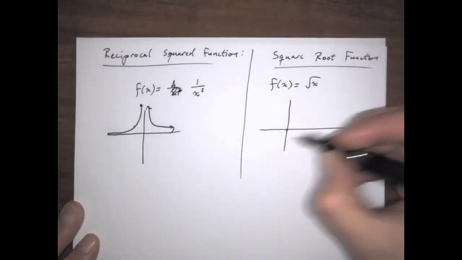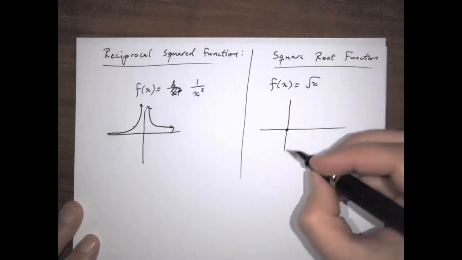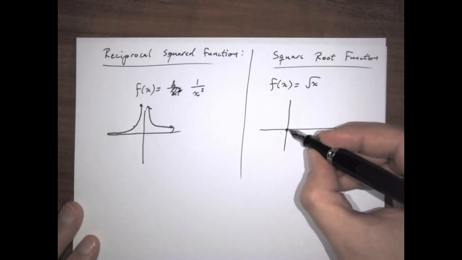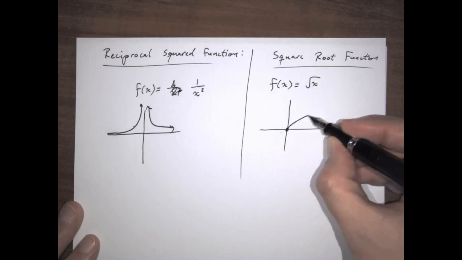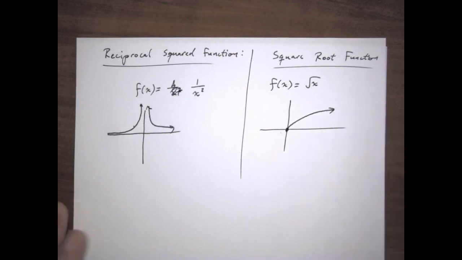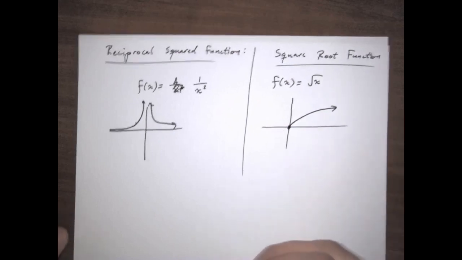It's just that because the squares are the undoings of square roots, what happens is basically what once was the x becomes the y, what once was the y becomes the x, and because square roots only ever give us a positive answer, we're going to have half of a parabola that goes up in that fashion.